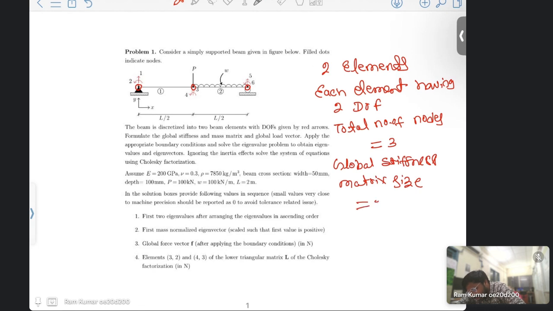It will be 2 into 3 equal to 6. So our global stiffness Kg will be 6 cross 6.